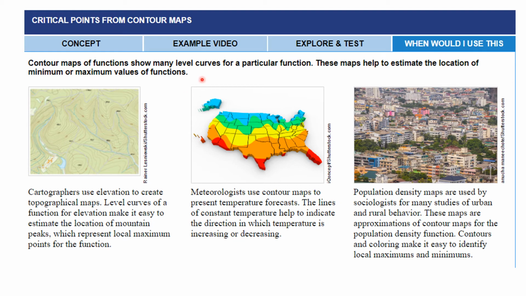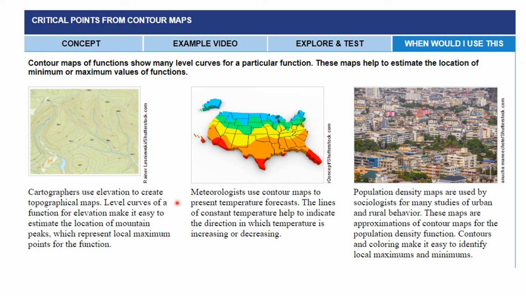These maps help estimate the location of maxes or mins of the functions. So people who make maps, which are called cartographers, use elevation to create topographic maps. Level curves of a function for elevation makes it easier to estimate the location of mountain peaks, which represent the local maximum points for the function.